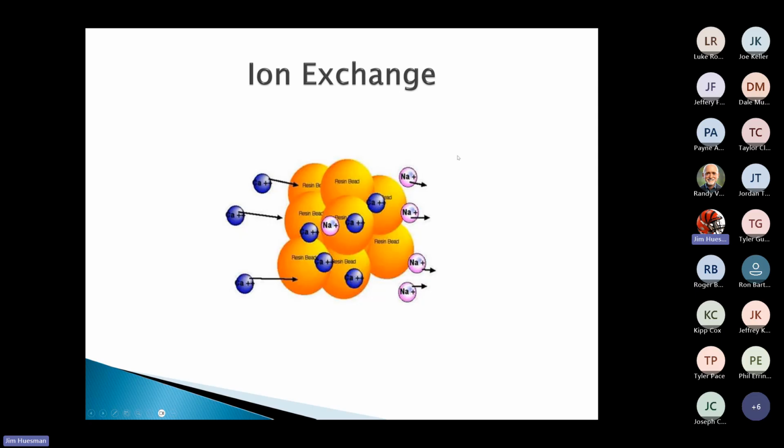All right, so there's your exchange. We're exchanging a calcium ion for a sodium ion, okay? So that calcium and magnesium is going to come in and stick. Say we have 2 sodiums, 2 calciums, maybe 1 calcium, 1 magnesium will stick. The sodium ions will then be released, and that's going to float off into the water.